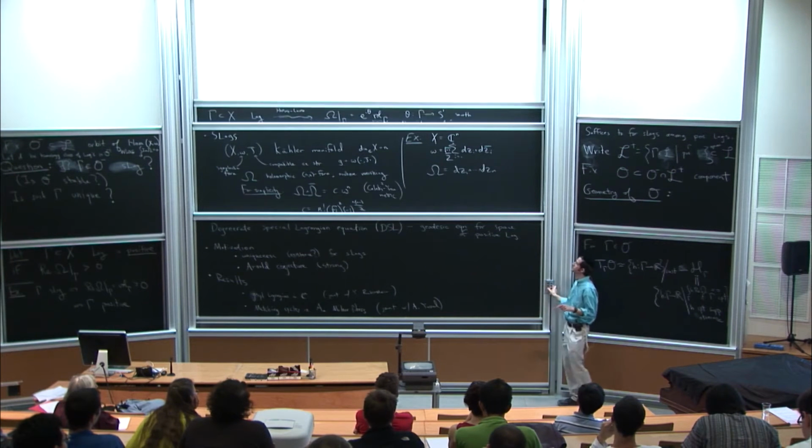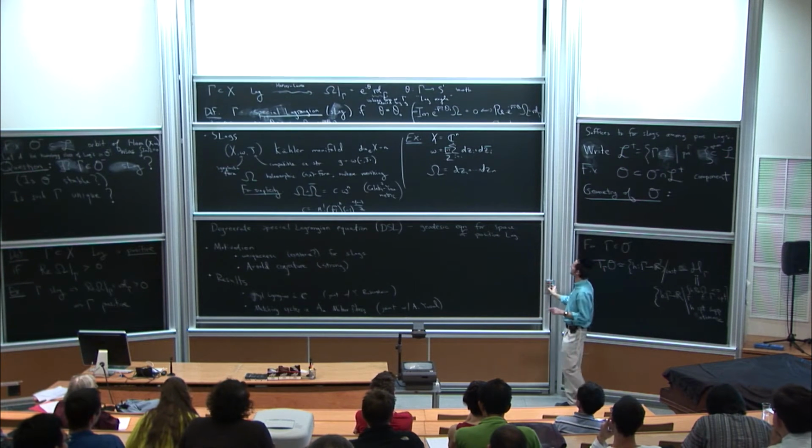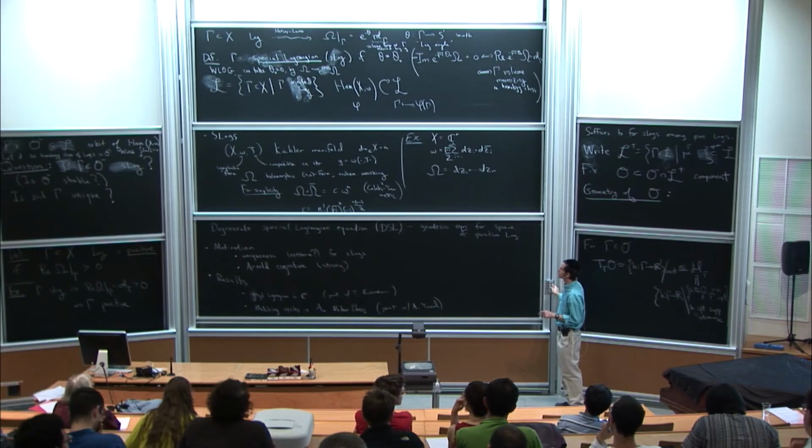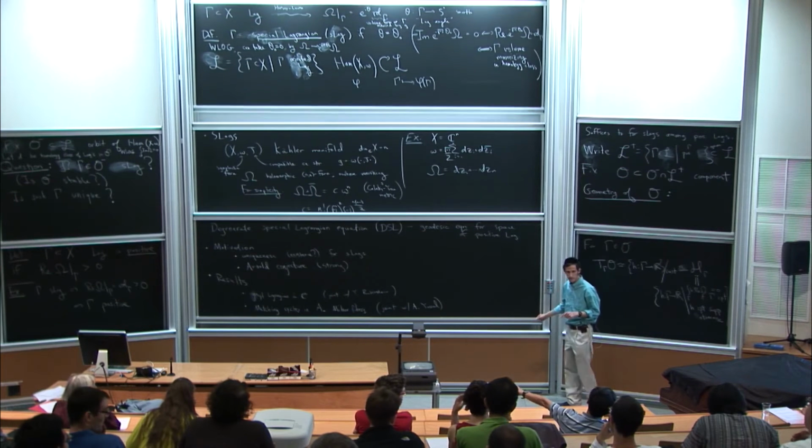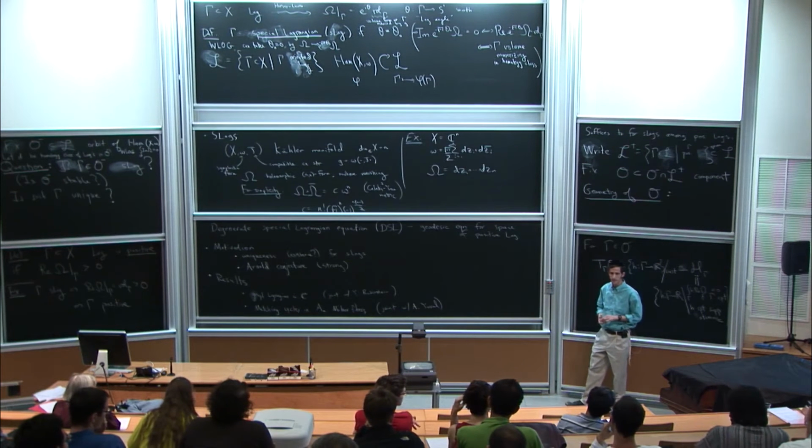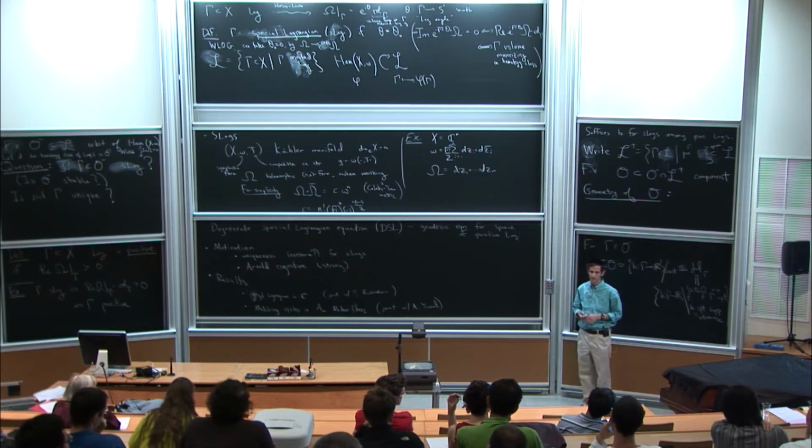Are there any questions while I'm playing with the boards? This positivity has some relation in the case of Hermitian vector conditions. I think it's the same thing as looking at a connection which comes from a Hermitian metric.